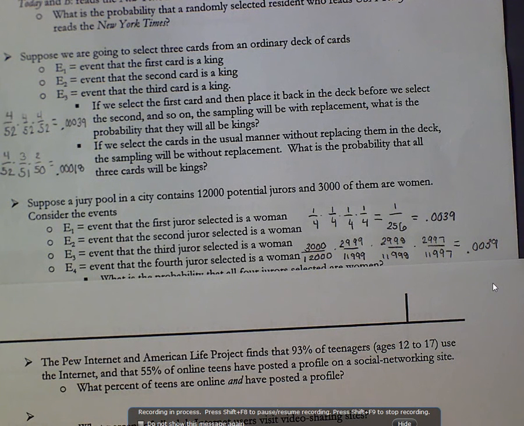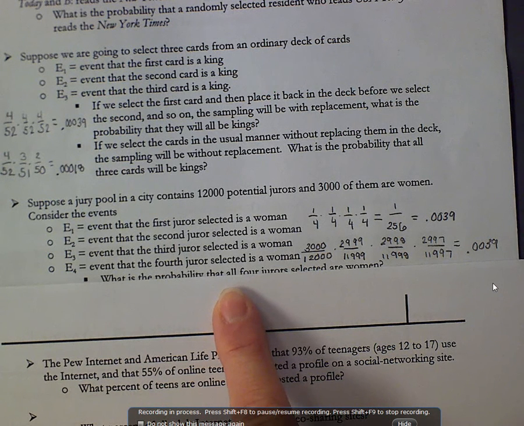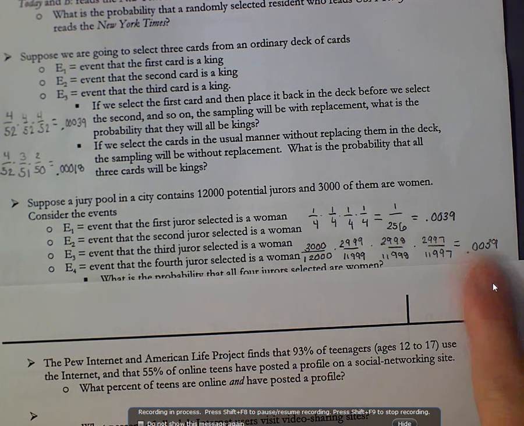So in situations like this, where we're working with such a large sample space, you can assume that even without replacement, your events are independent, and you can just multiply 1/4 times 1/4 times 1/4 times 1/4 and get a very, very close approximation of the true probability without replacement. Make sense? Any questions about that?